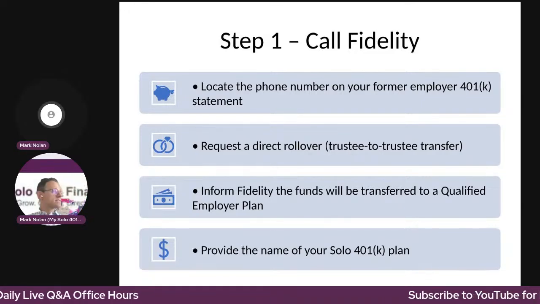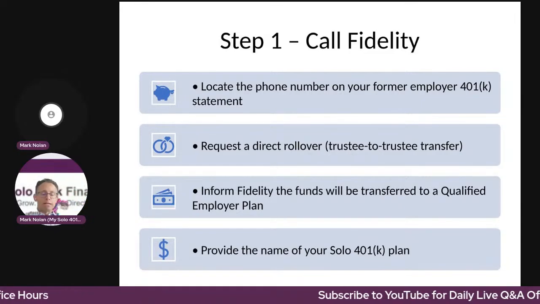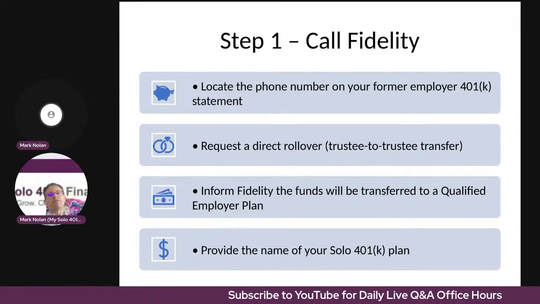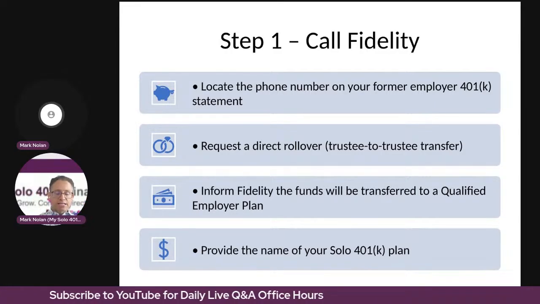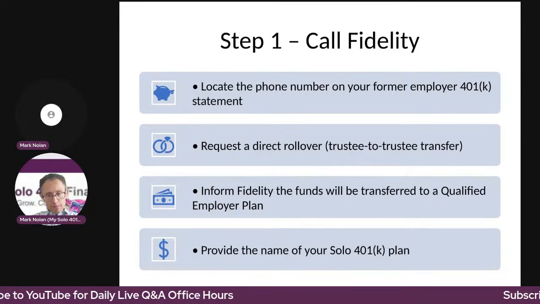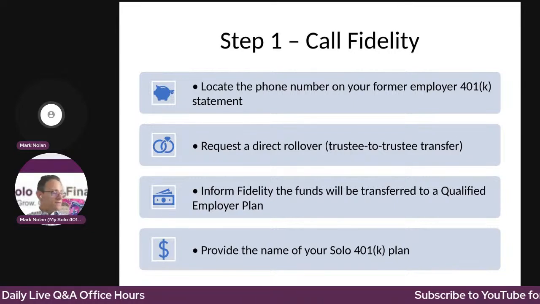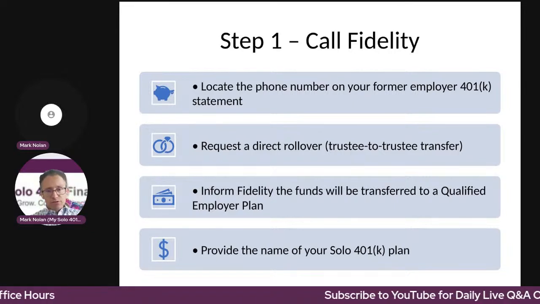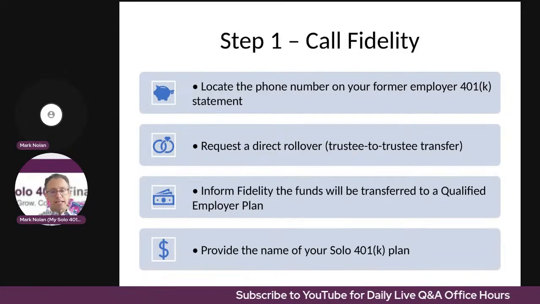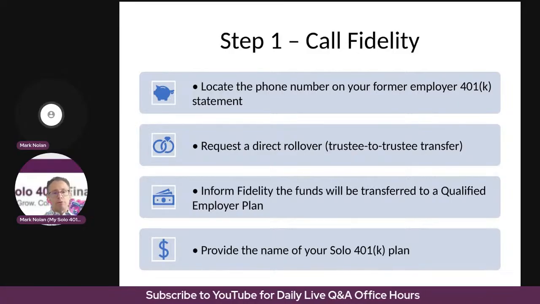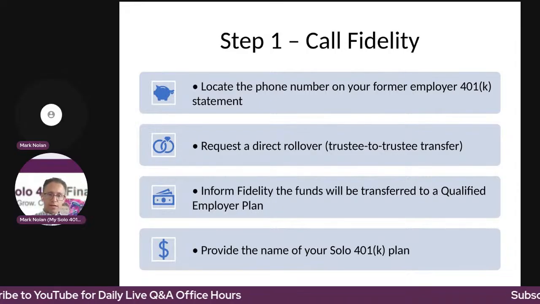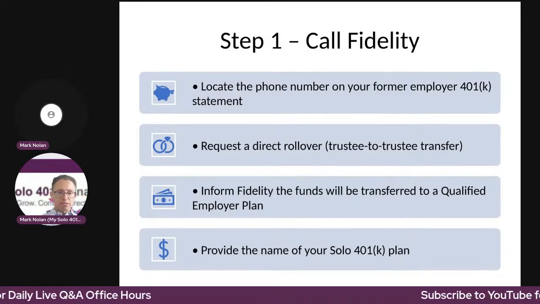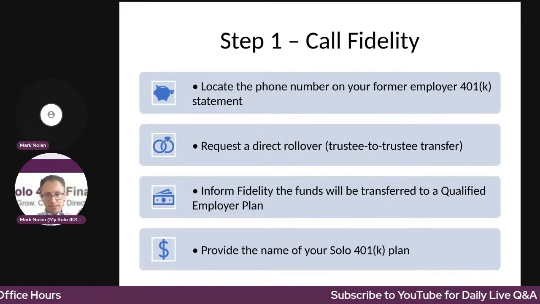So some of the advantages of a self-directed solo 401k is the participant loan feature, where each participant can borrow up to $50,000 through a solo 401k participant loan. For example, if both spouses are self-employed in the same business, the solo 401k plan would be sponsored by that self-employed business.